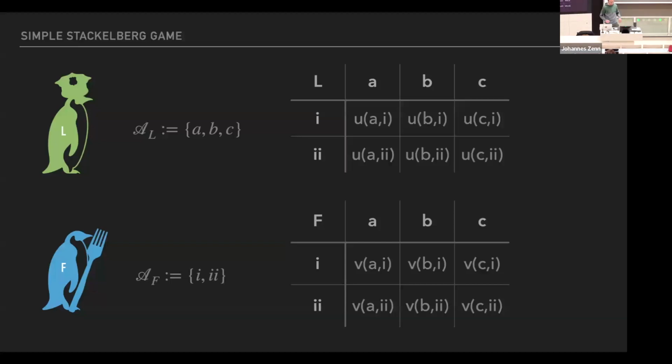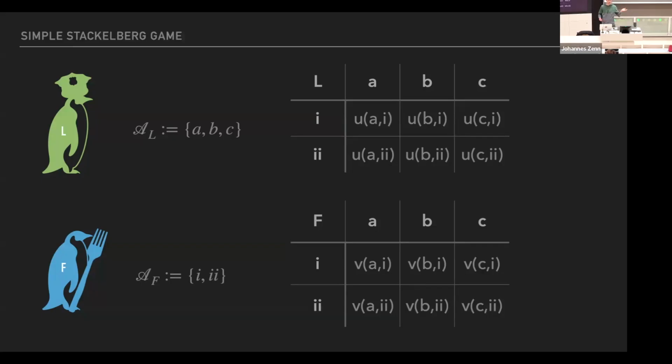What's the setup? The setup is what is called a simple Stackelberg game, or it's actually going to be extended afterwards. In a Stackelberg game, you have at least two agents. One is called leader, here in green, and one is called follower, in blue. Both agents have different actions which they can take.